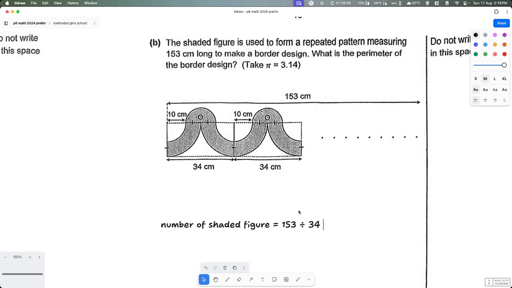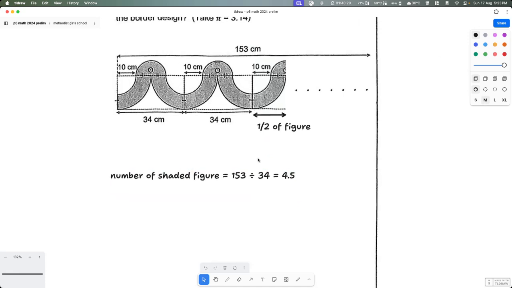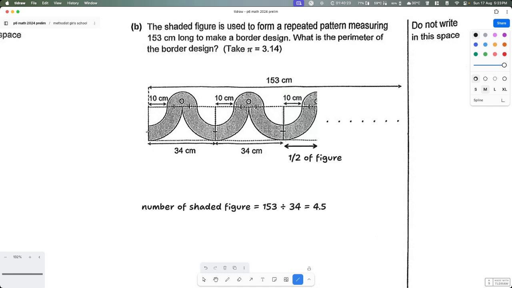Okay, so you also have to imagine that there's half added as well. So this is the 0.5, half of the figure. A couple things you need to take notice of: you need to know the measure of this thing, and we also need to know the measure of this thing as well.